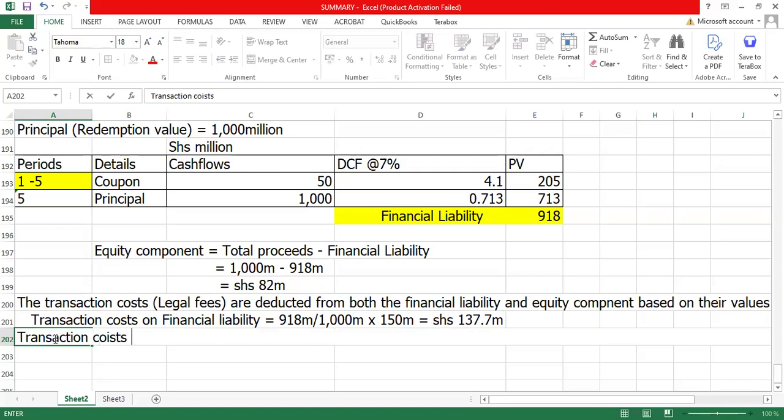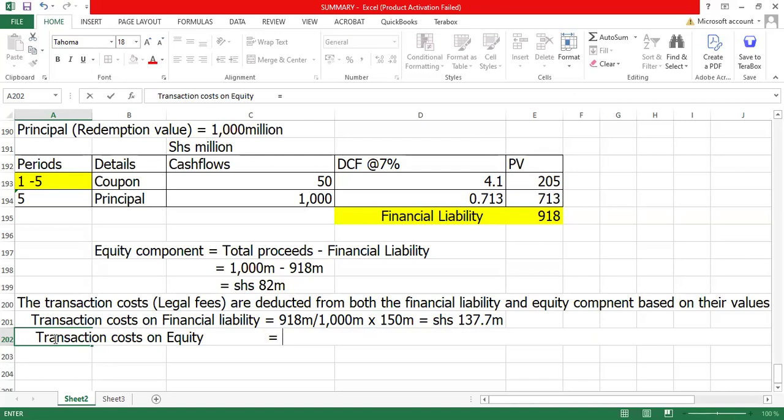Then what is the transaction cost on the equity component? On equity, you also apportion.